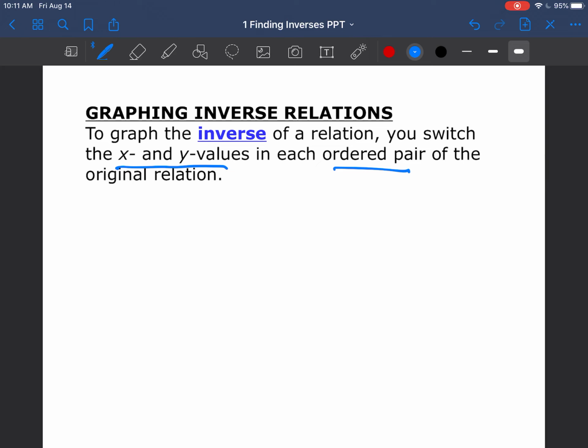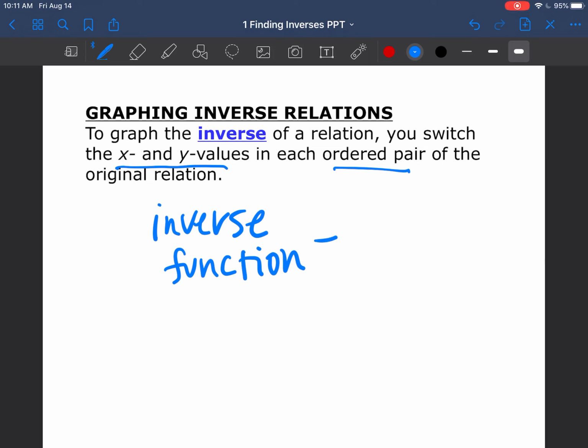An inverse undoes the original. And so I like to think of the inverse function as the undo function.